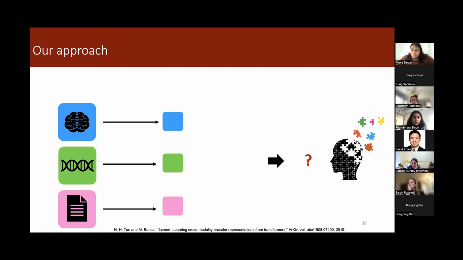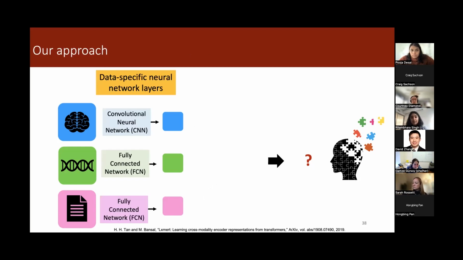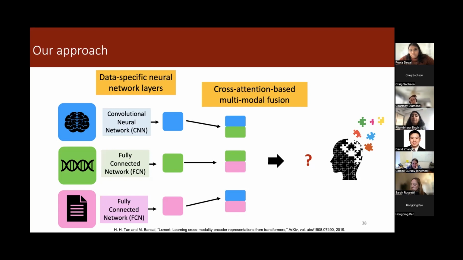So our approach is to follow somewhat a similar setup. The first thing we do is we have data-specific neural network layers. For the images, we have a convolutional neural network. And for the other two modalities, we have fully connected neural networks. And this is not novel. This is something that the previous studies have done as well. What is novel in our study is the way we are combining the data sets.